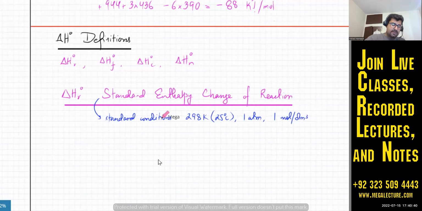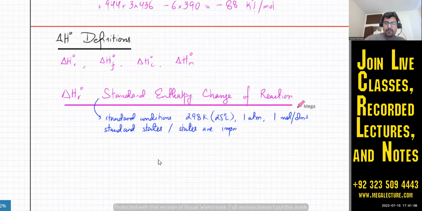It means another thing as well. It also means standard states. The states are going to be very important when you talk about definitions. Standard states refers to the state of the substance under these conditions.